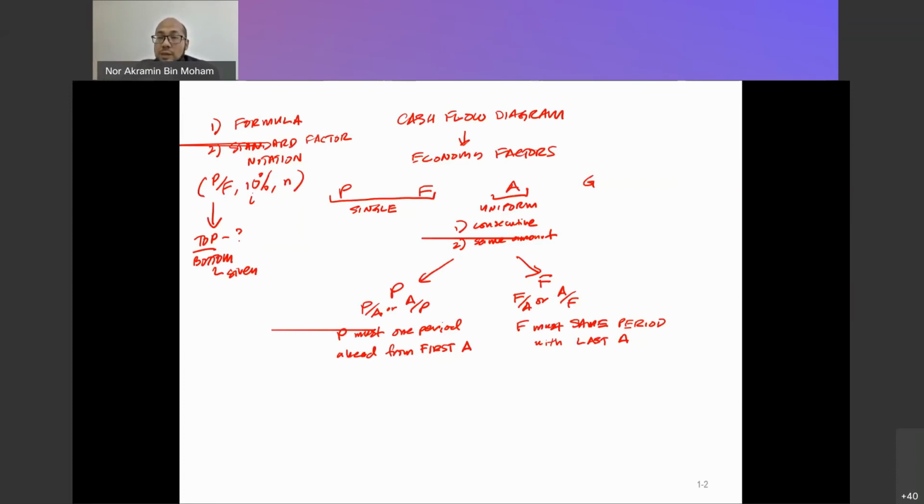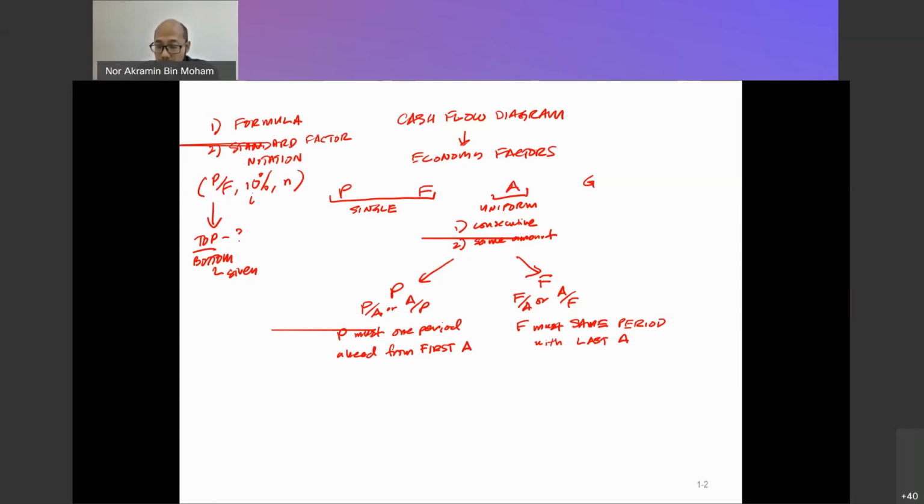We categorize that as a non-standard cash flow diagram. So in the standard cash flow diagram, the P must always be 1 period ahead from the first A and the F must be in the same period with the last A. If this condition is not fulfilled inside the cash flow diagram, we have to use a shifting technique to solve it, which we'll cover later on.